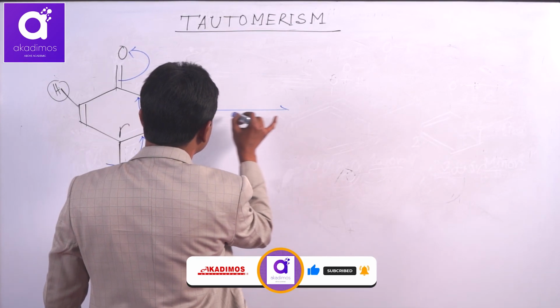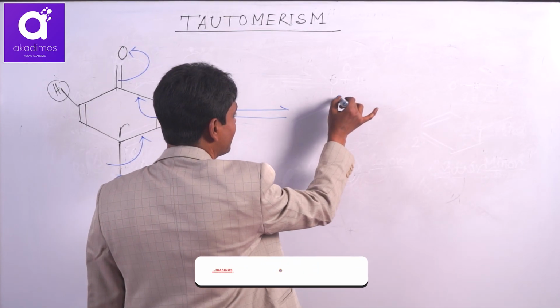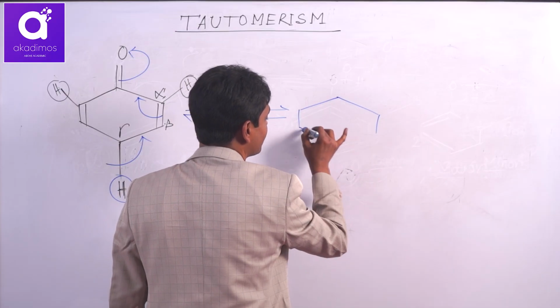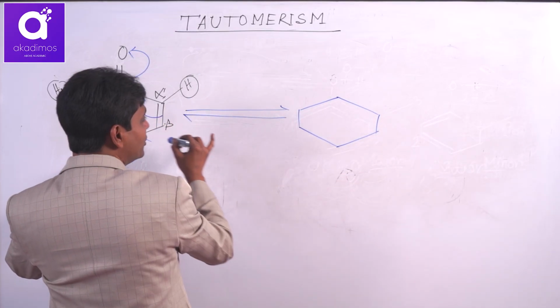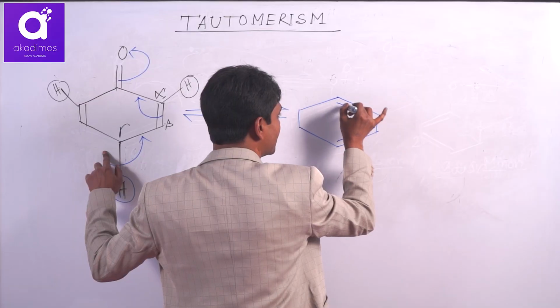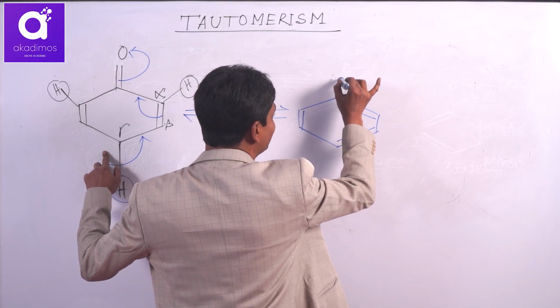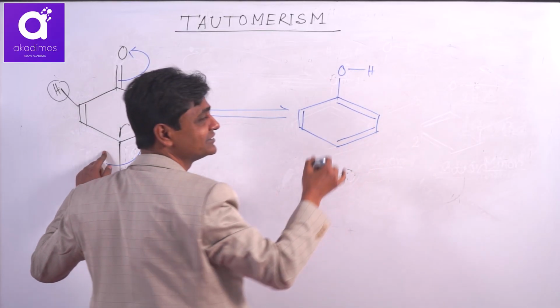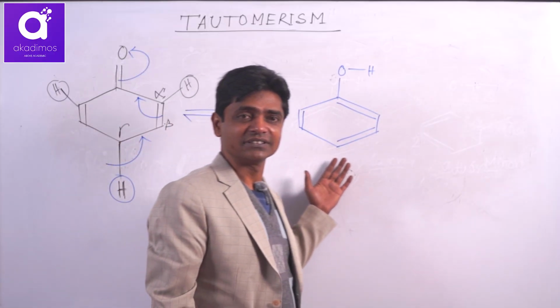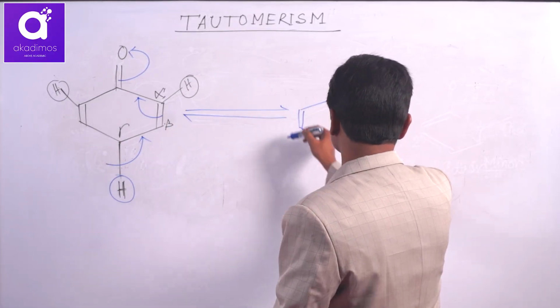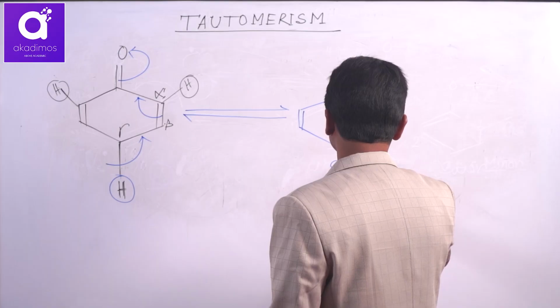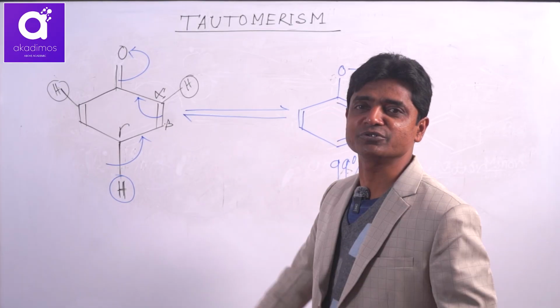But what structure will you get? See. Here the existing pi bond, it becomes phenol. See this example. And here also, since it is aromatic phenol, highly stable, you will get near about 99% contribution.